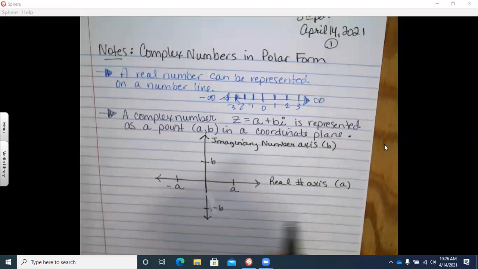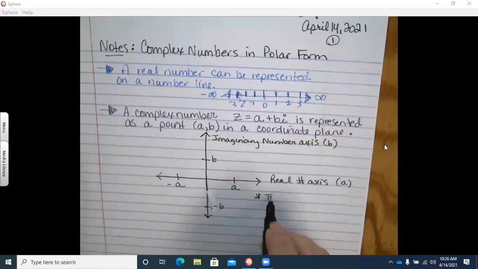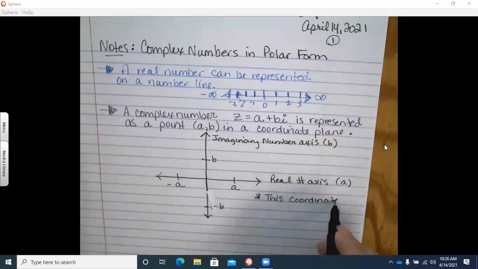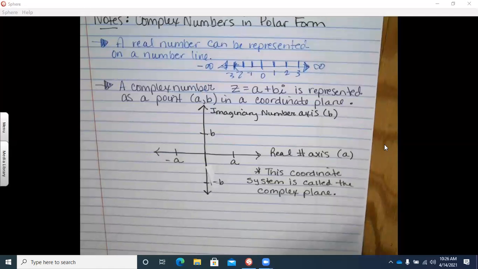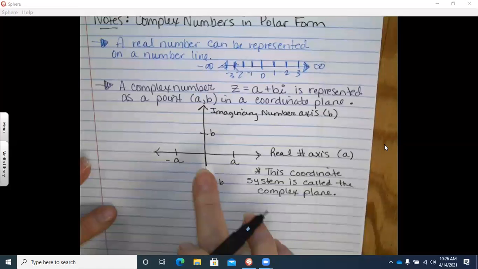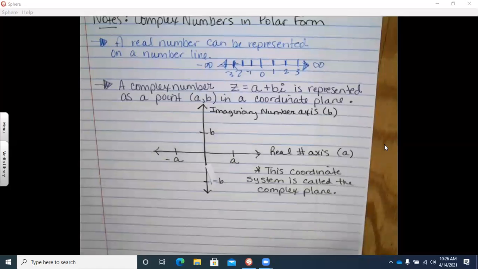This coordinate system is called the complex plane. Super easy, okay? Example, plot each of the following.